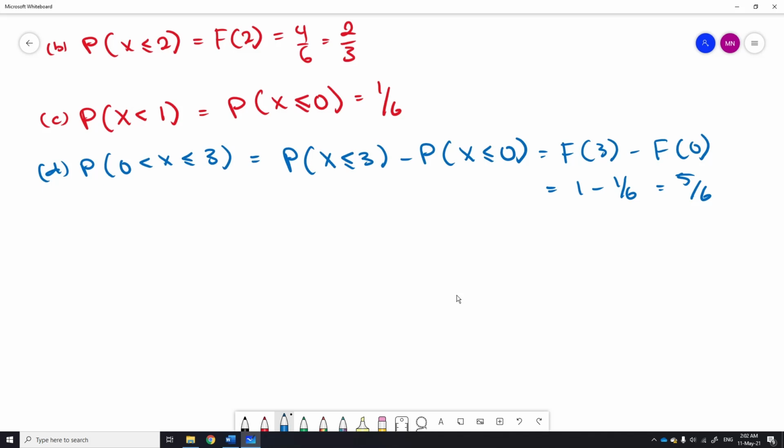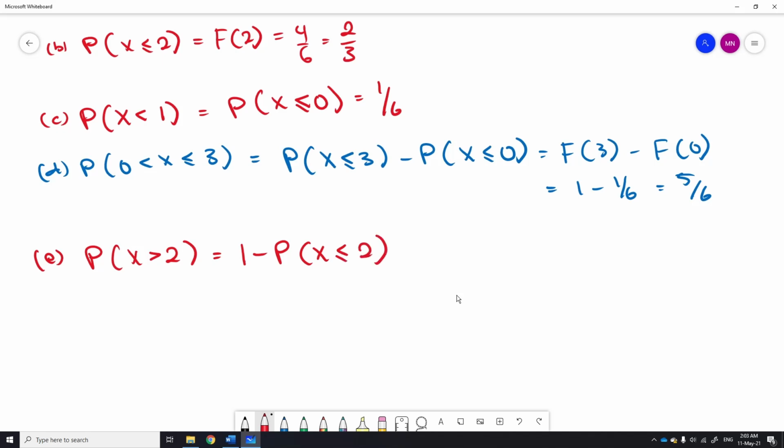Then for question E, the probability of x bigger than 2. Probability of x bigger than 2 is actually the same as 1 minus probability of x less than or equal to 2.